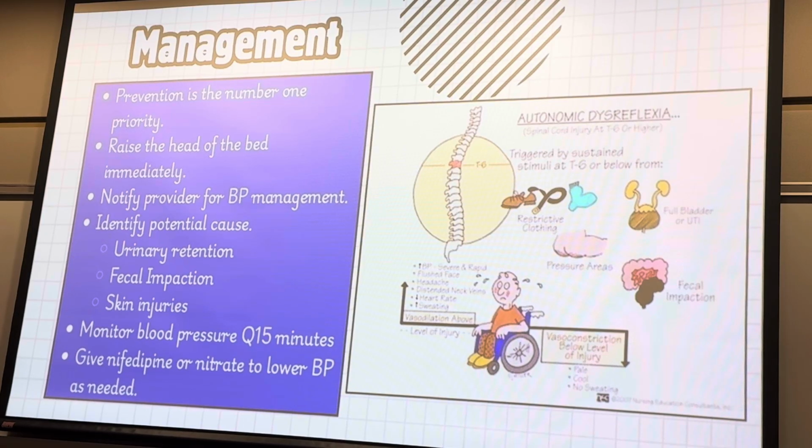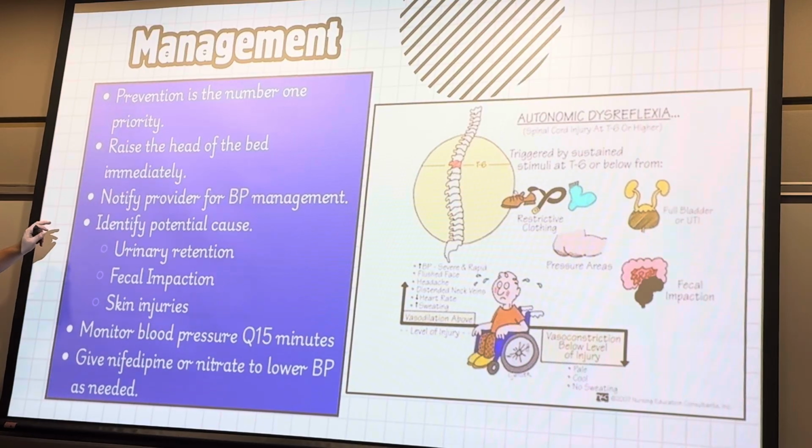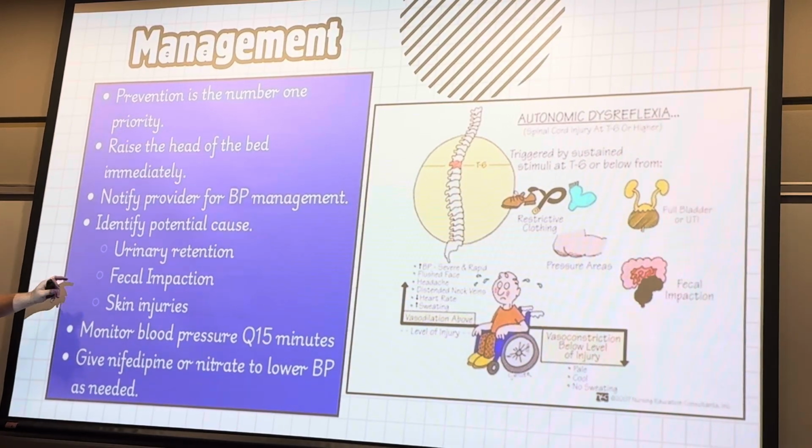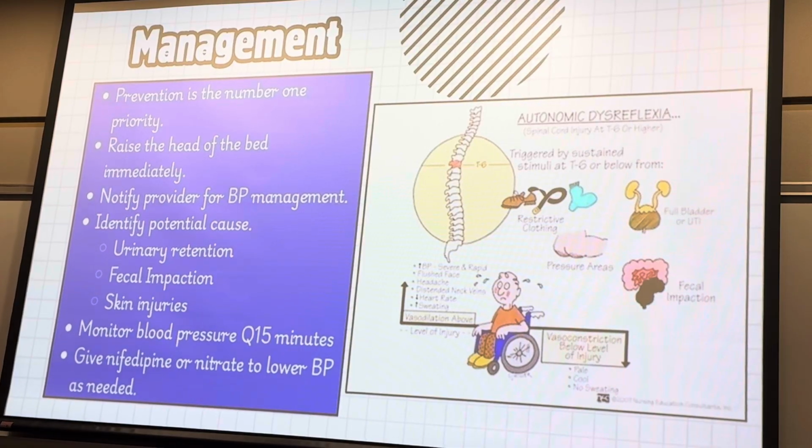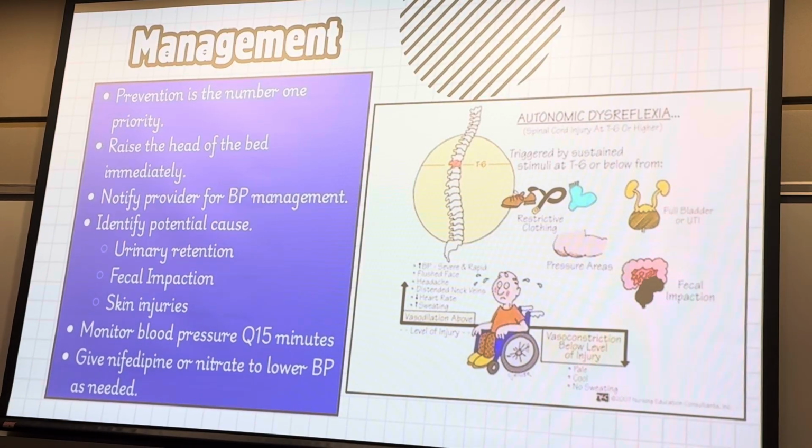This is also box 37.3 on page 926. Some safety and quality care measures for your autonomic dysreflexia emergency management. But big things: raise the head of the bed, give something for blood pressure, figure out what's causing the issue. Find that stimuli.